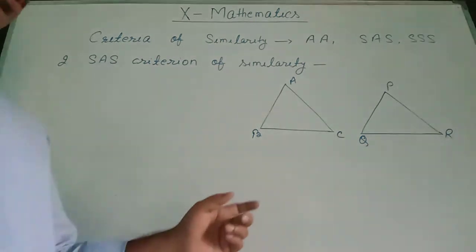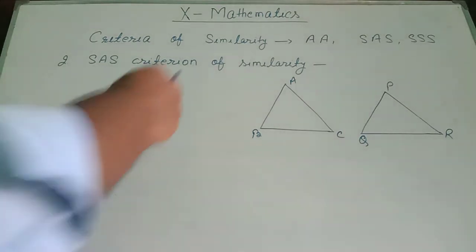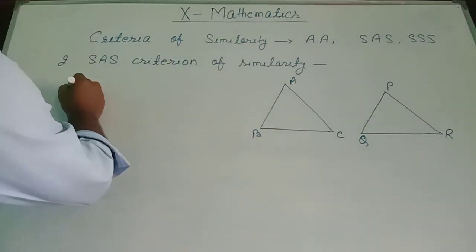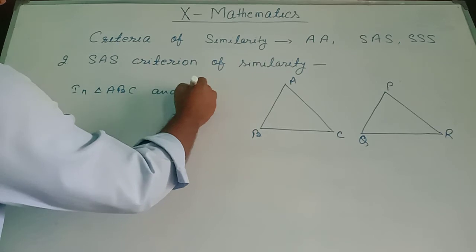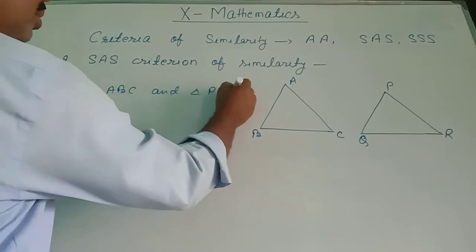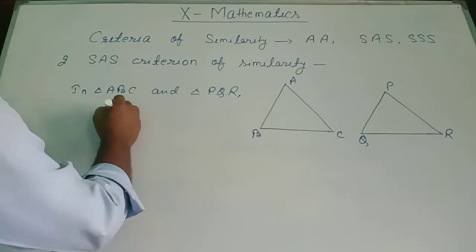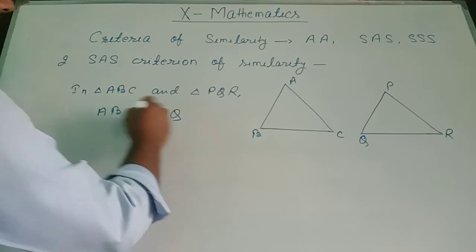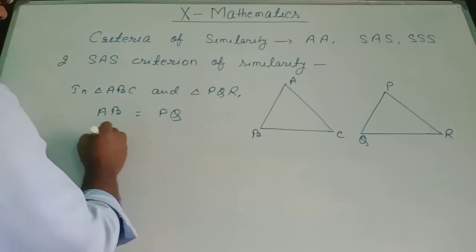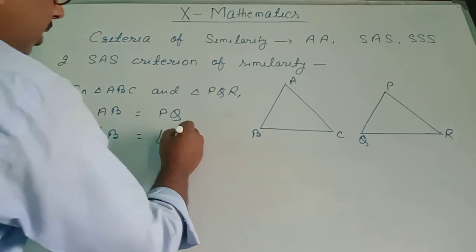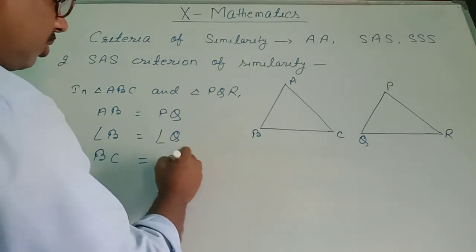For this we consider two triangles, triangle ABC and triangle PQR, in which if AB equals PQ, these two corresponding sides are equal, and angle B equals angle Q, then the third condition should be BC equal to QR.